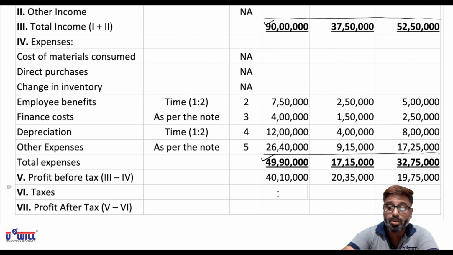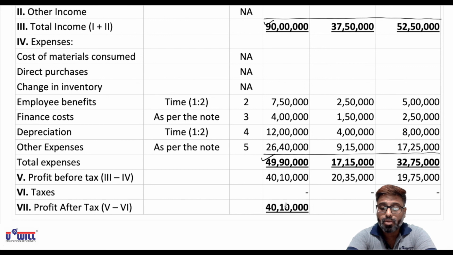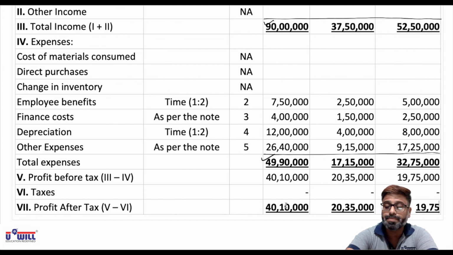Taxes are not given in the question, so the final amount will also be the same: 40,10,000, 20,35,000, 19,75,000.